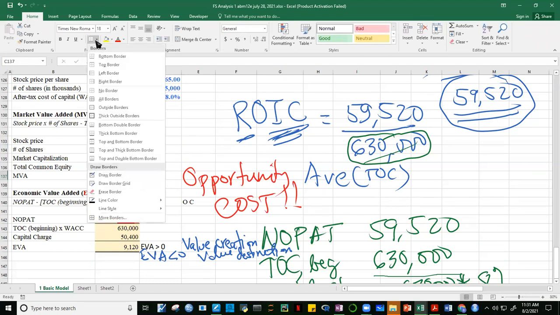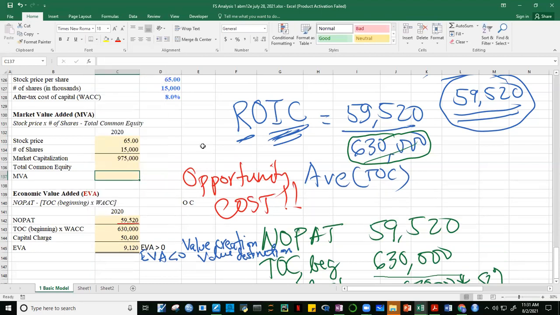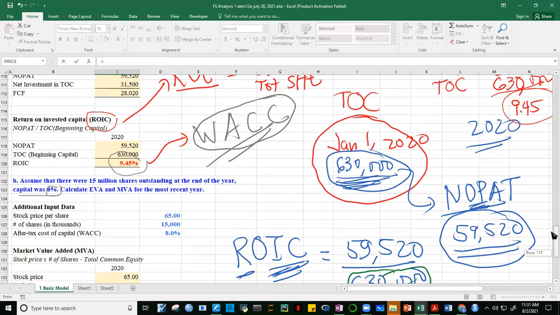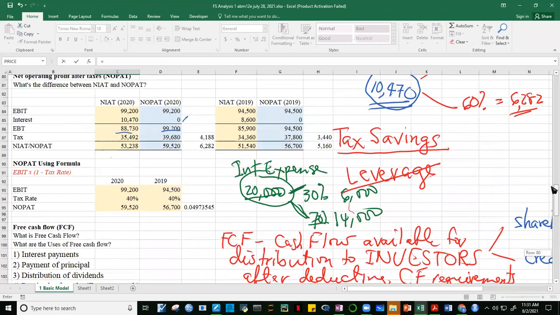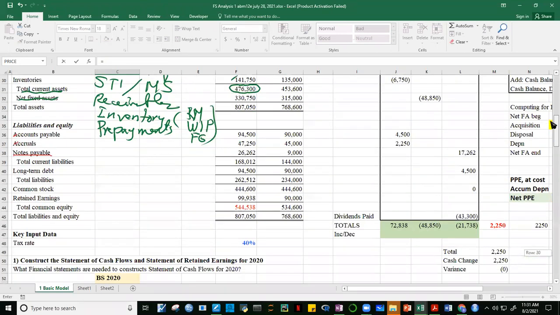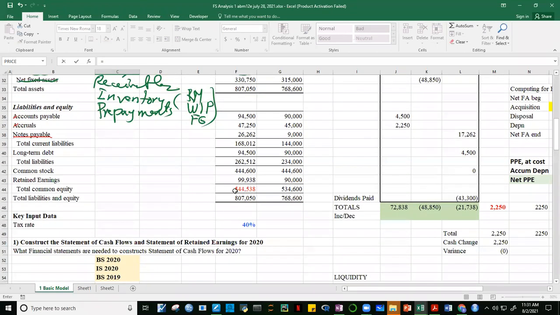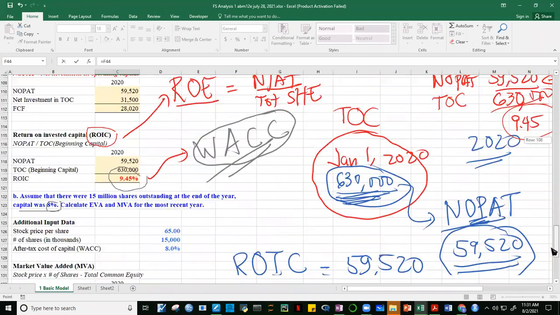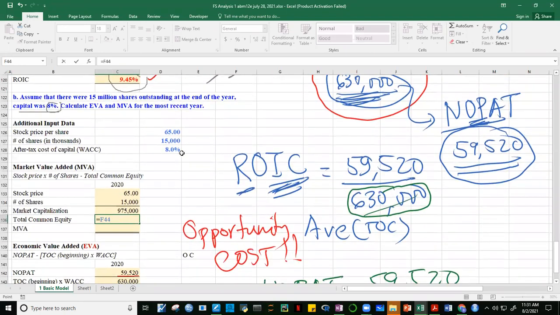Okay. And then we will compare that with the book value. This year, ang book value niya is simply yung equity natin. Our equity is dito. So that's your common stock and then your retained earnings. So this is your total common equity, 544,538. Okay? So we're just comparing the market capitalization with the book value.